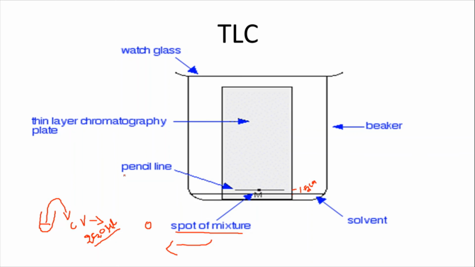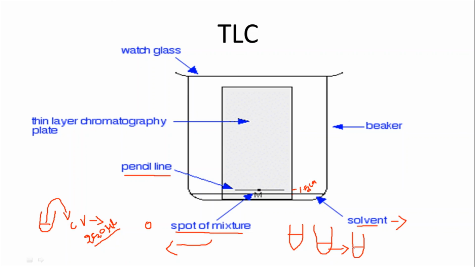Okay, this is the pencil line. This line is helpful for spotting the sample. This is the solvent. Once you prepare the mixture of polar and non-polar solvent, after placing the solvent in the TLC chamber, you allow the chamber to stand for some time.